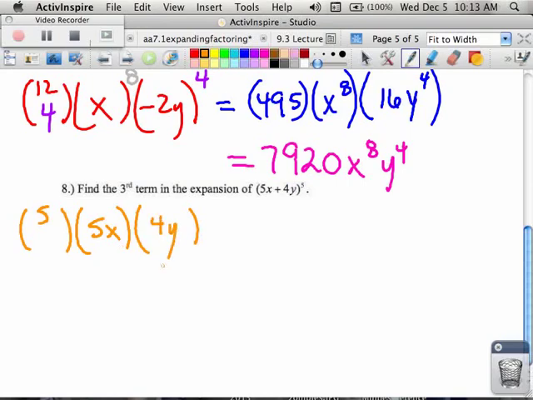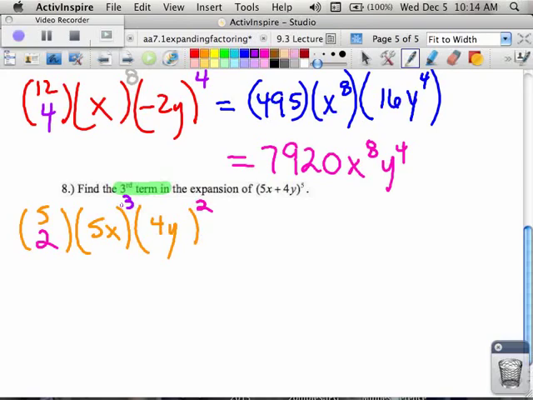And since I am looking for the 3rd term, that tells me my last exponent has to be a 2, which also is the bottom number of the first parentheses. And what's left over for the exponent of the middle parentheses has to be a 3, because the 3 and the 2 have to add up to the exponent of the original parentheses.